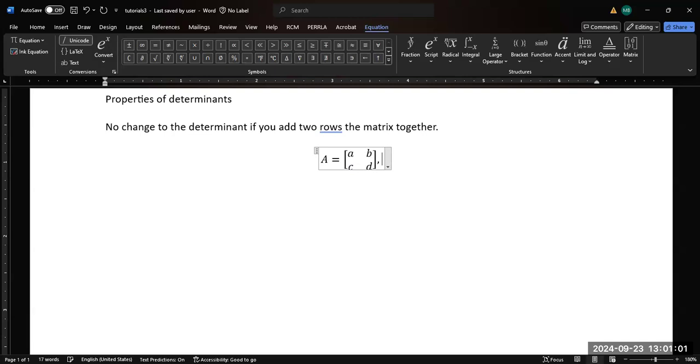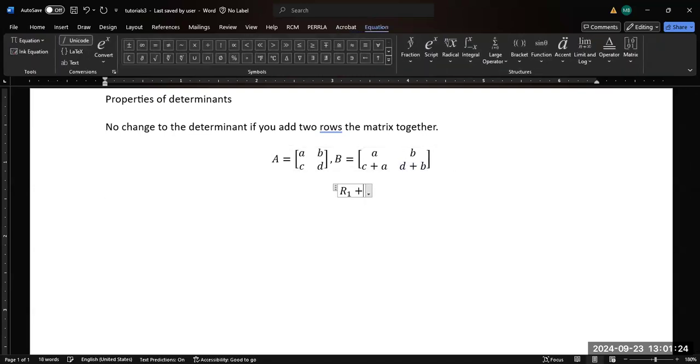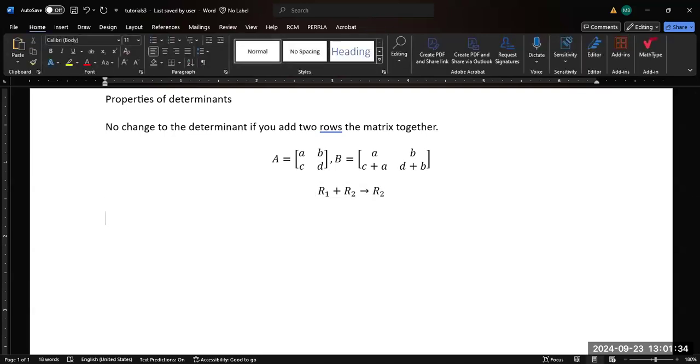So if I change the matrix and make it equal to, let's say, A, B staying the same, but in the second row, I have C plus A and D plus B. So in the second row, I have added essentially row 1 plus row 2 and put it back in row 2, no change to the determinant.